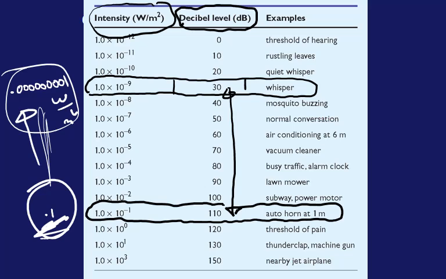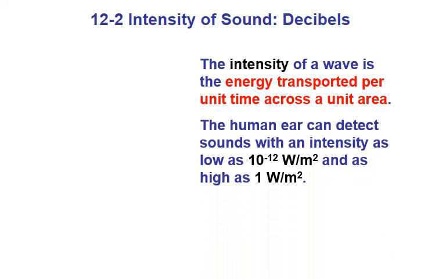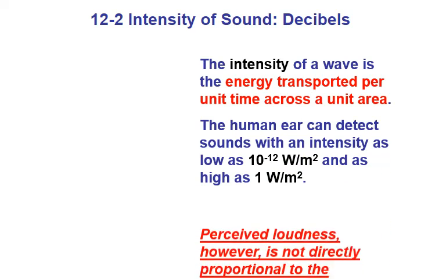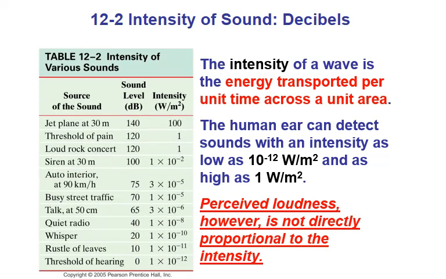So our ears can handle a lot of noise. So in terms of intensity of sound with a decibel level, we're looking at a range, and the perceived loudness again is not directly proportional. It's actually a logarithmic relationship.